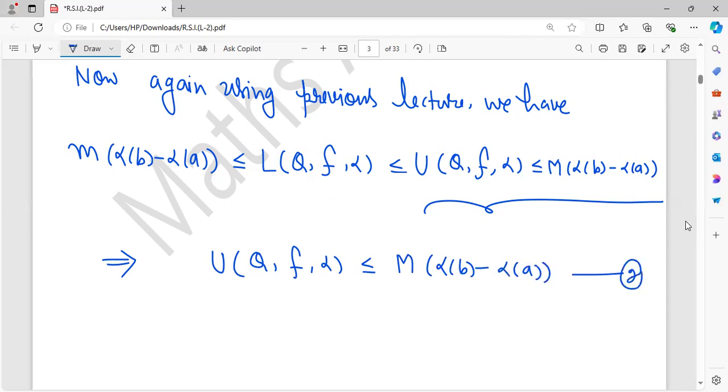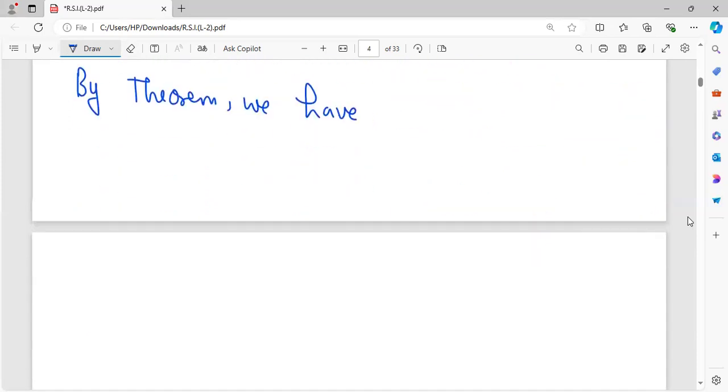Now from 1 and 2, by the theorem what we have? L(P, f, α) is less than U(Q, f, α).